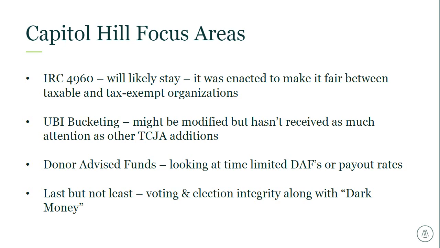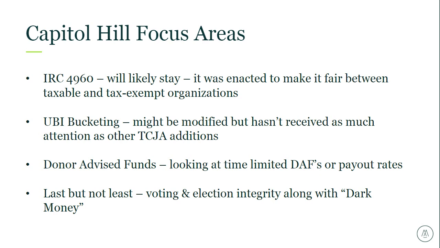And then donor-advised funds have been on the Capitol Hill list and a focus area for quite some time. What they're looking at here are time-limited DAFs, so donor-advised funds, or payout rates.